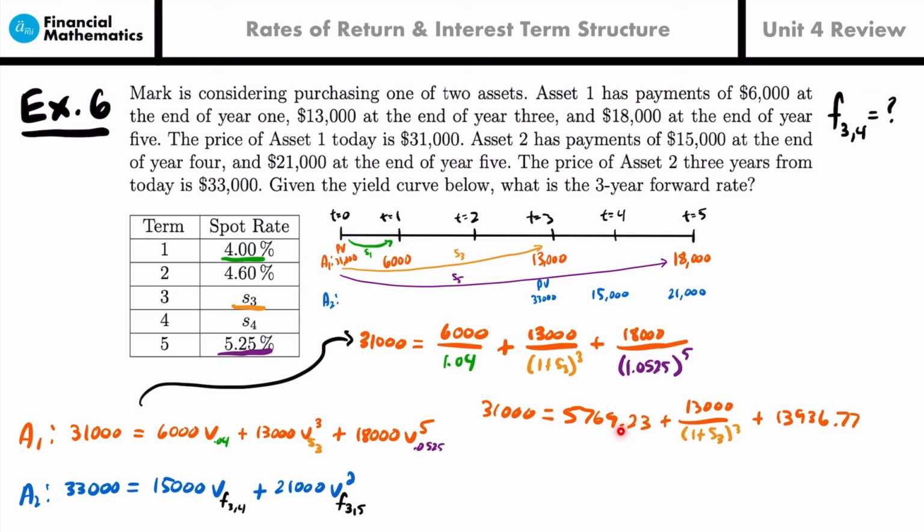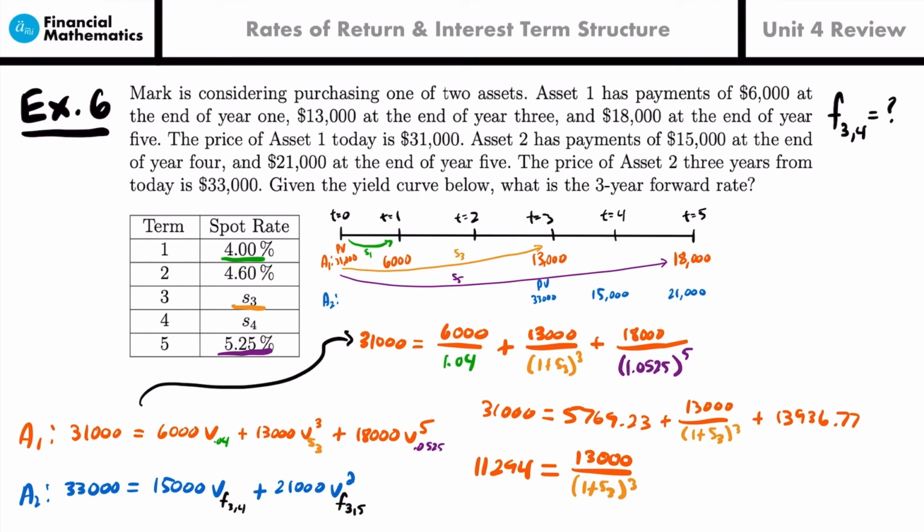And so if you subtract this value and this value from both sides of the equation, in other words, we're subtracting them from 31,000, we will have $11,294, and that will be equal to that 13,000 divided by 1 plus S sub 3 cubed.